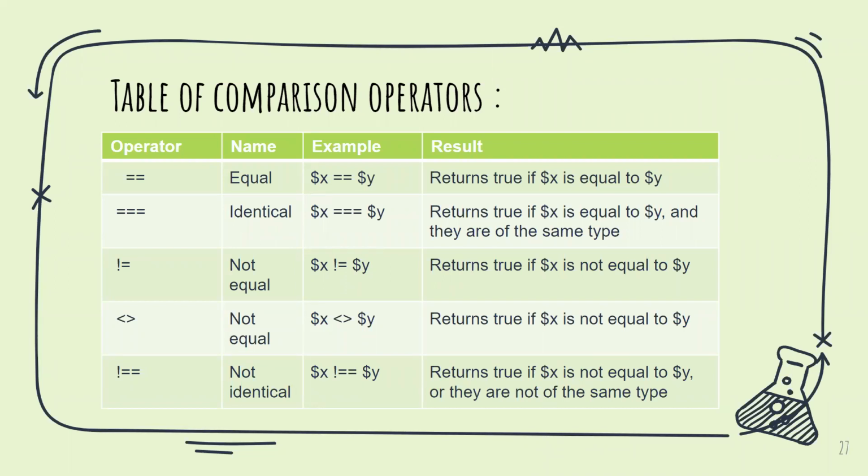In case of three equal symbols, it first checks whether the values are equal, and also the value on the left hand side and the value on the right hand side must be of the same type. Similarly with not equal to, and these are the other comparison operators.